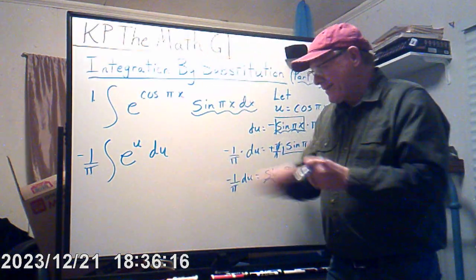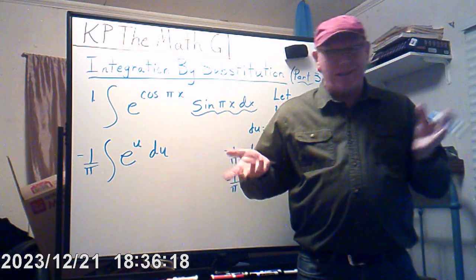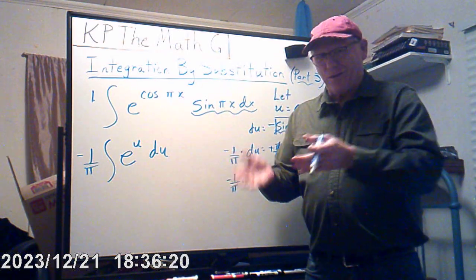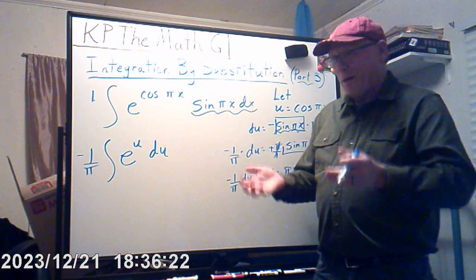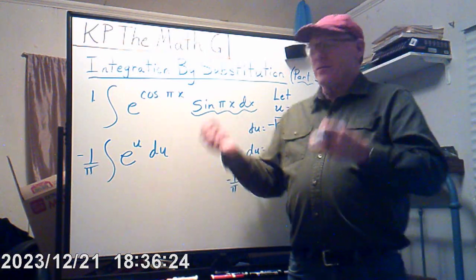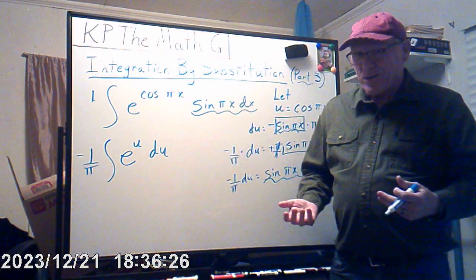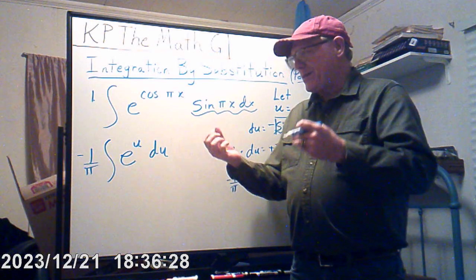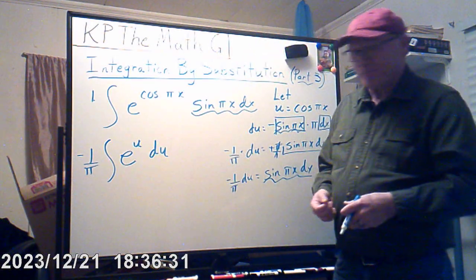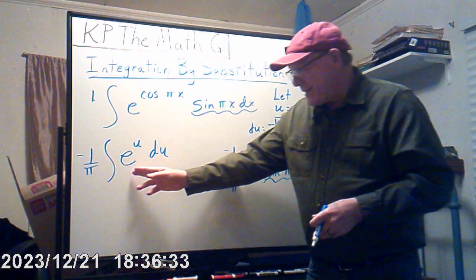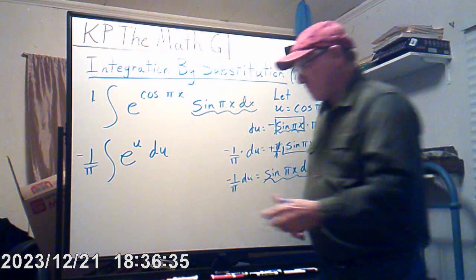This is an easy one because whether it's a derivative or antiderivative, the antiderivative of e to the u is e to the u. The derivative of e to the u is e to the u.